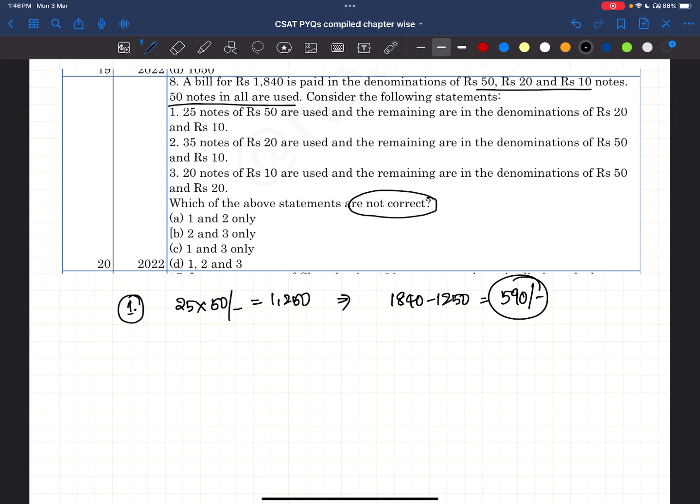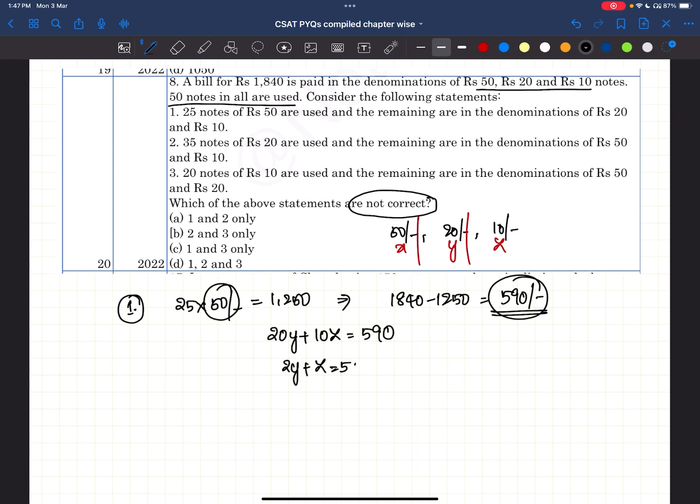Now we have to pay this amount in denominations of 20 and 10, that is 20 into y plus 10 into z. I am taking 50 rupee, 20 rupee and 10 rupee note counts as x, y and z. Already we have taken 50 rupees, so the remaining value should be equal to 590. That is 2y plus z is equal to 59.